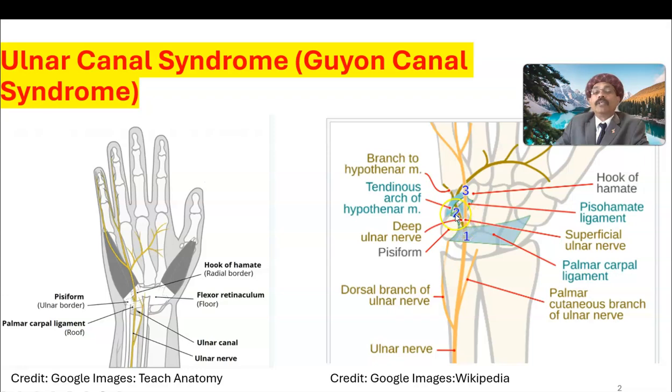If the lesion is there, and this is intact, sensation from the palmar aspect of the fifth and fourth digit will not be a problem. Just the muscular innervation by the deep branch will be lost. So it is the site of lesion that will determine the clinical manifestation.